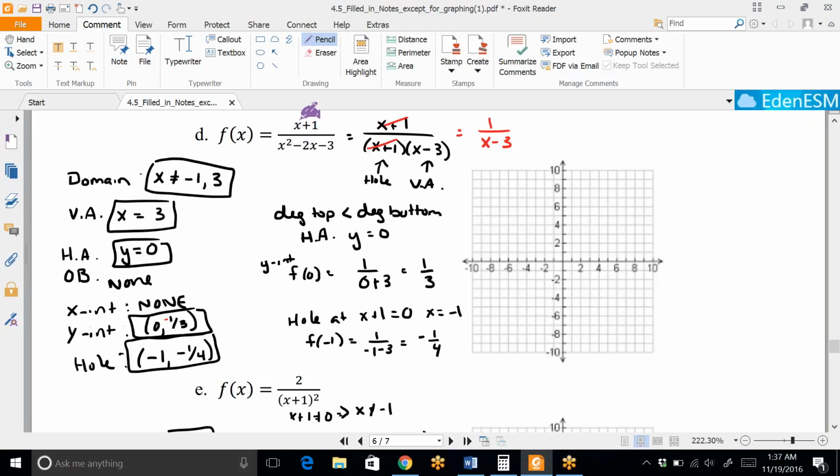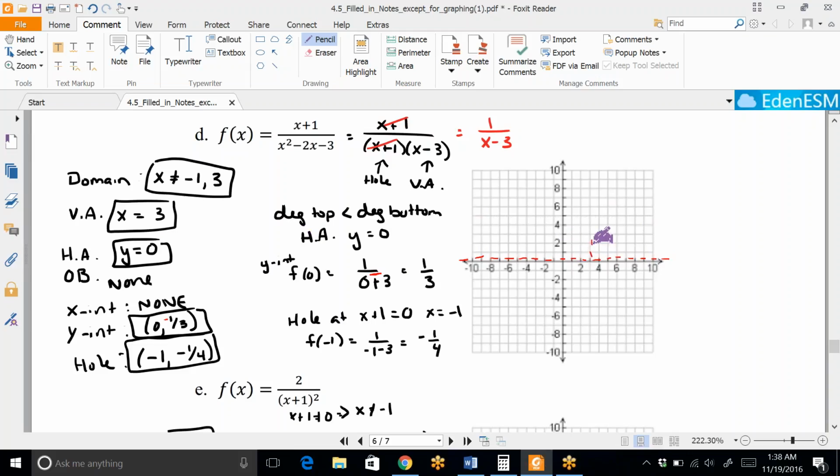And our top is a smaller degree than our bottom, so we can't divide, so that means our horizontal asymptote is y equals 0. So then we want to graph this one. There's our horizontal asymptote.